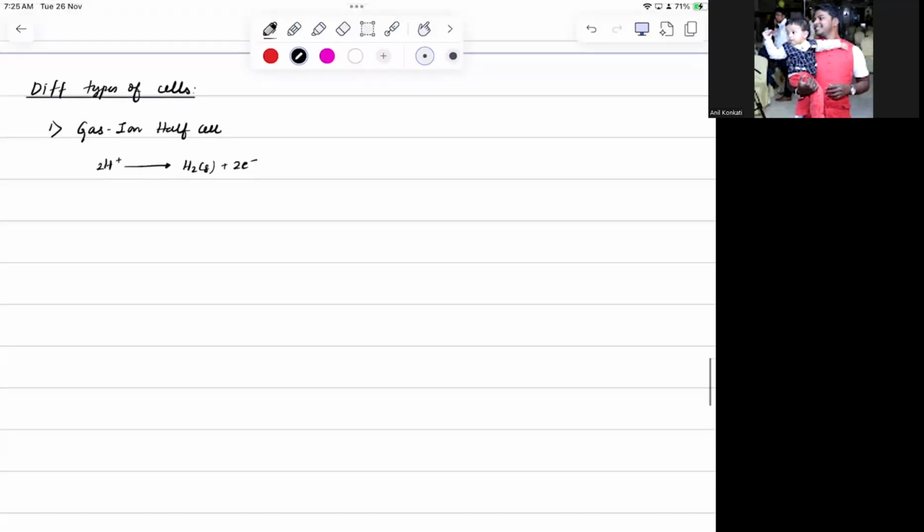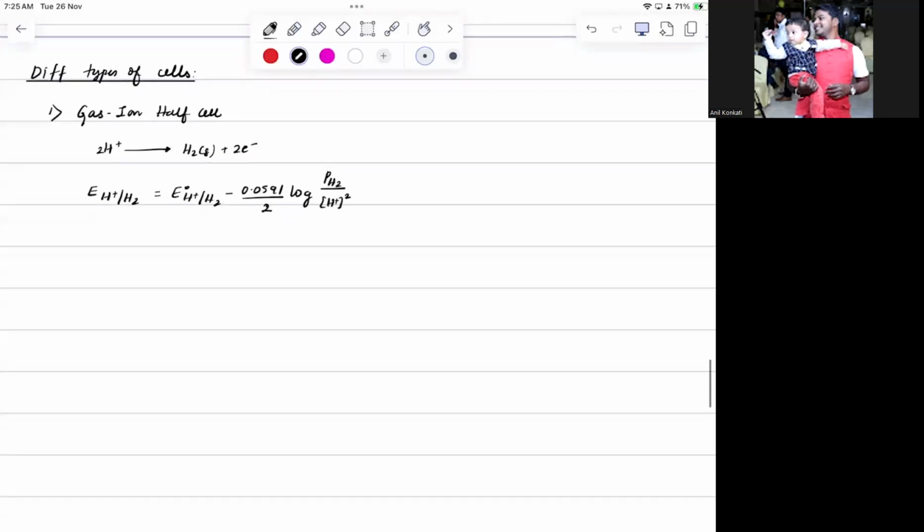Let's say this is how it has been represented. Then E of H plus to H2 is equal to E naught of H plus to H2 minus 0.0591 by n, in this case 2, log of pressure of H2 by H plus concentration whole square. That's how you represent E.